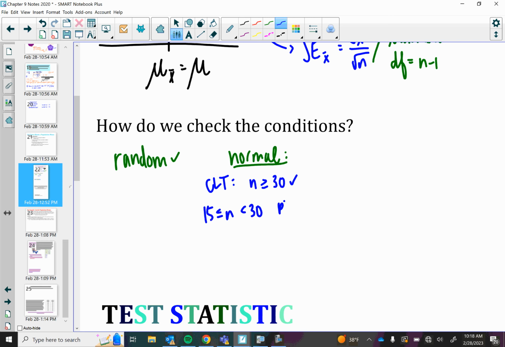And if our sample size is less than 15, again, we want to plot our data in both of these situations. When our sample size is less than 15, we really want only the slightest skew. A skew is okay in the middle range, and just a little bit of skew is okay in this range.